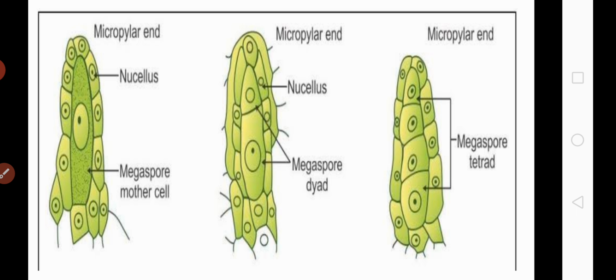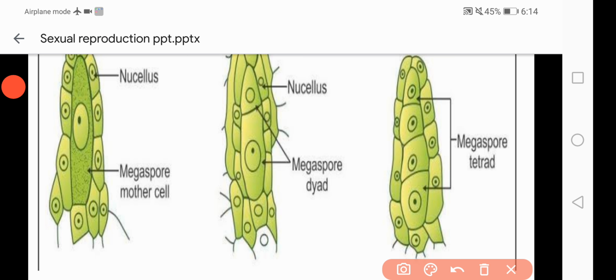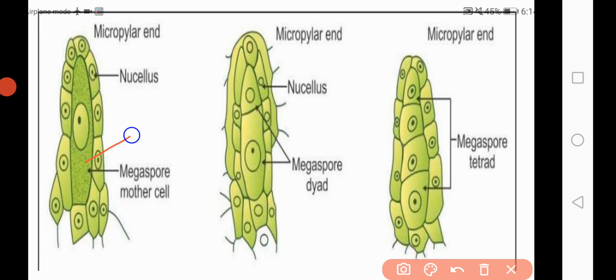Now this is the megaspore mother cell which develops from the nucellus tissue, and it is always diploid in nature. Later on, it undergoes meiosis.